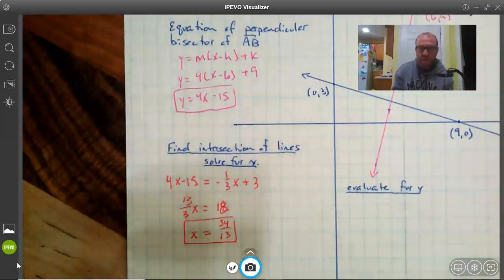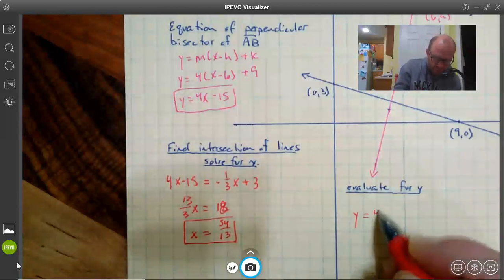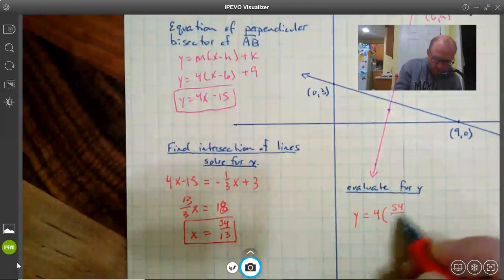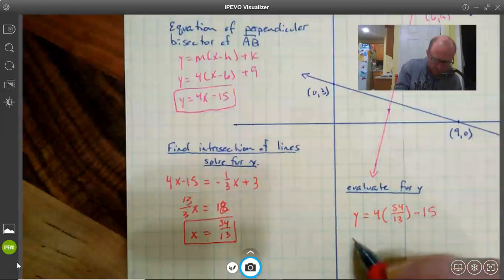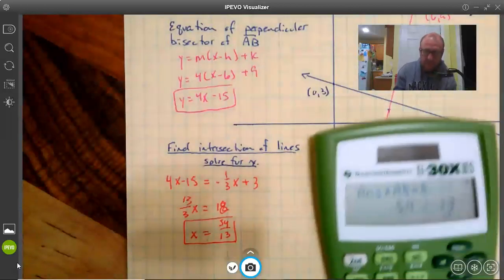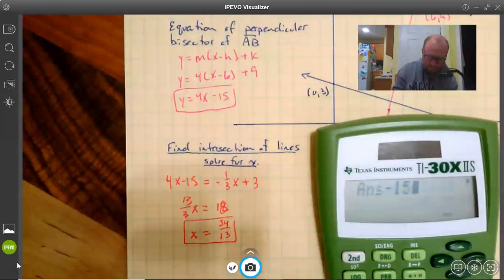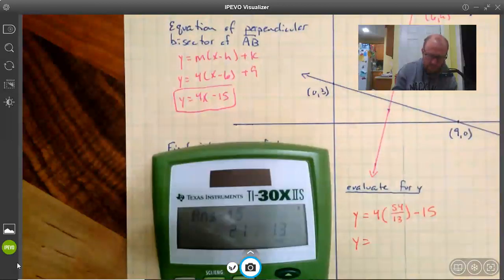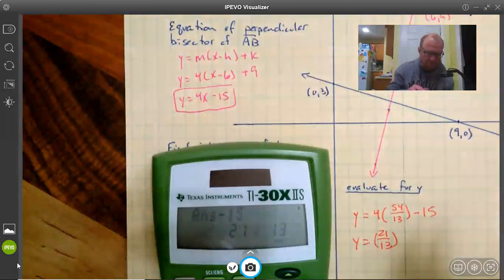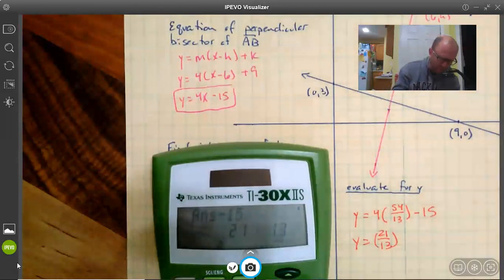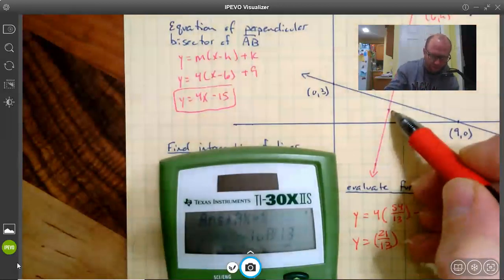Okay. Now, find the y coordinate for that by plugging that into one of these equations. y equals 4 times 54/13 minus 15. So we'll take this number times 4 minus 15 gives us 21/13, which is 1 8/13, 1 and less than 2.